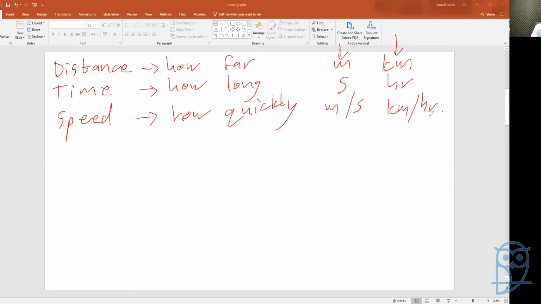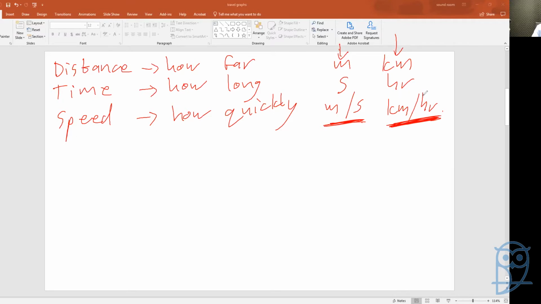If you're traveling in a car, you'll probably be dealing with kilometers per hour. If you're running a little trolley, it will be meters per second. Something very quick, like throwing a ball up in the air, might be dealt with in meters per second because it's not going to be up in the air for too long.